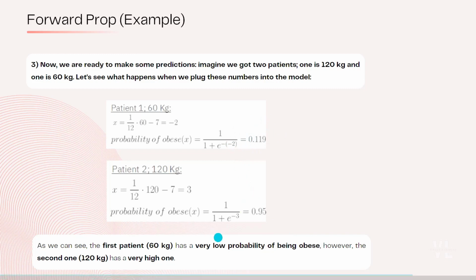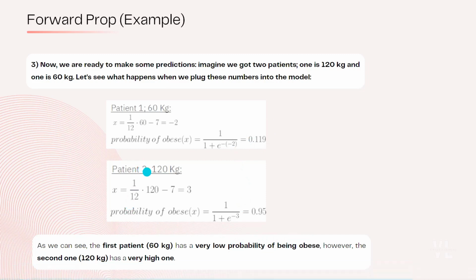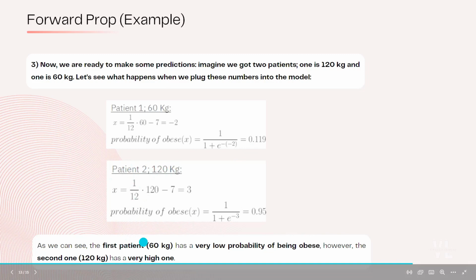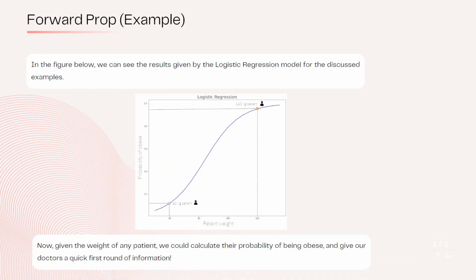However, the second one, which is a person with 120 kilograms, his probability of being obese is very high because it's 0.95, and it might be predicted as 1, or being obese.